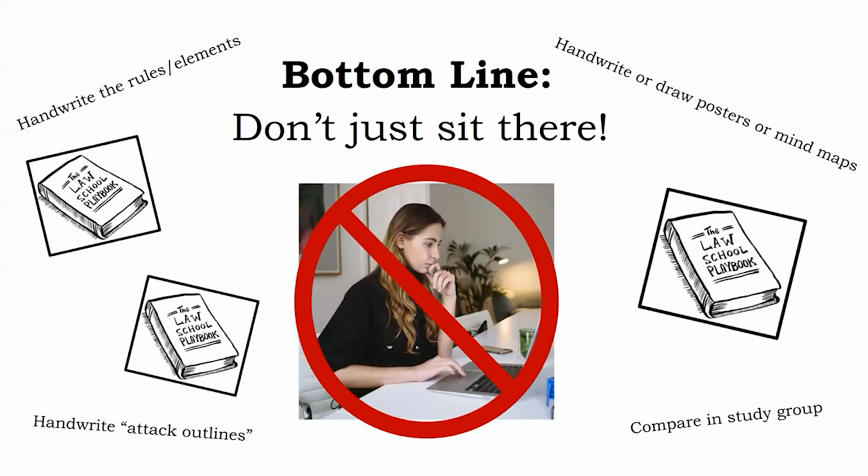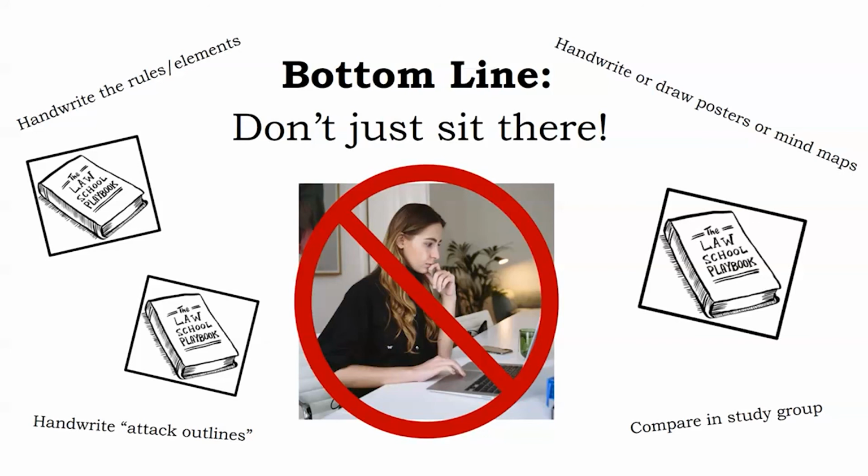The bottom line is, don't just sit there. Do something. Do something active while you're studying. Law school class prep is different than law school studying, and you need to be studying for the final exam throughout the entire semester, which means you have to think of things that will have you actively engage with the material.